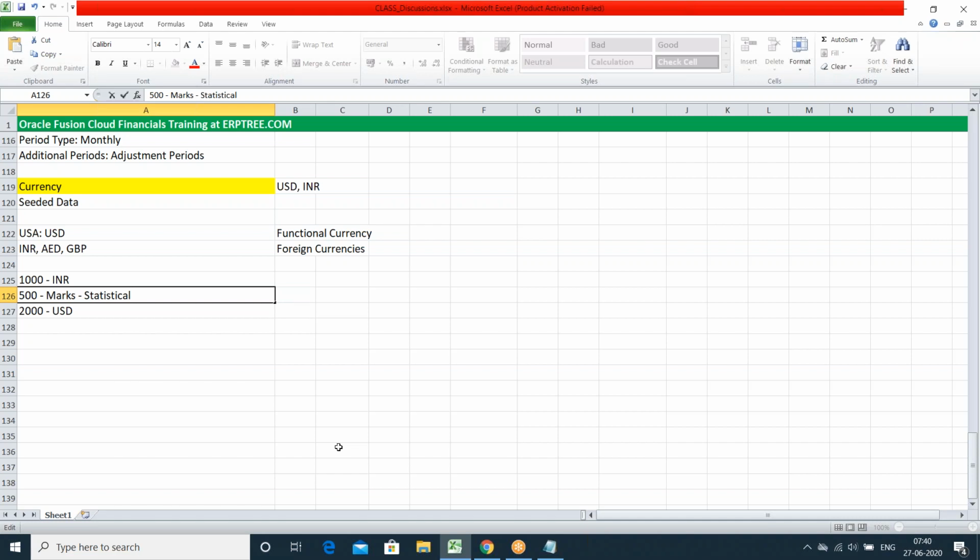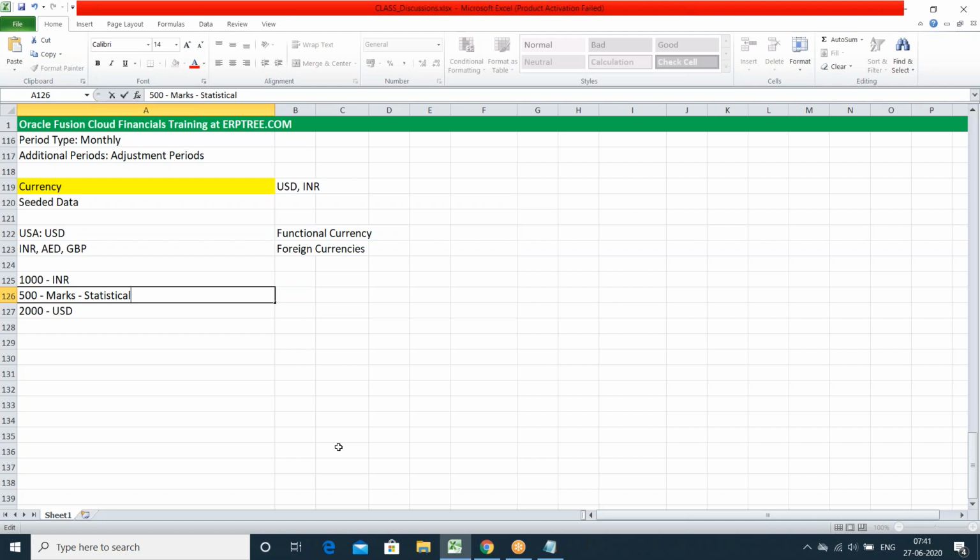These all are statistical measurements. So rupees, dollars, these all are monetary measurements, and marks, kilograms, liters, square feet all are non-monetary measurements. All non-monetary measurements you can call simply statistical information.